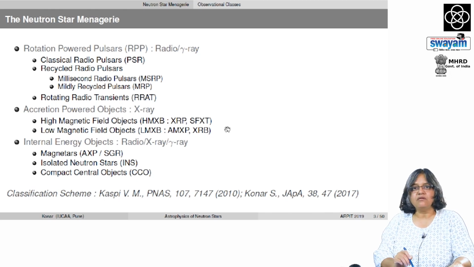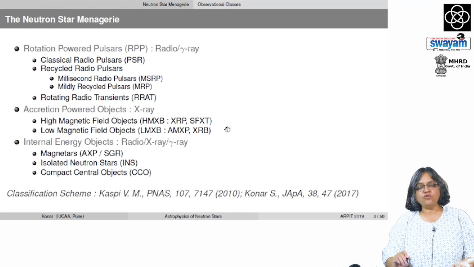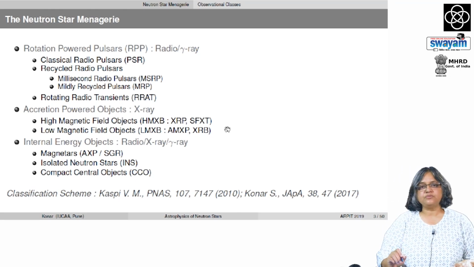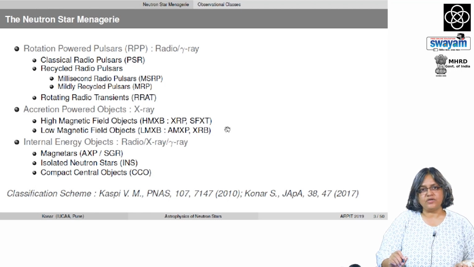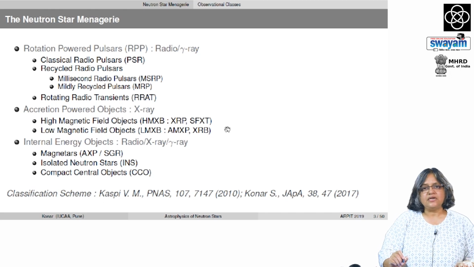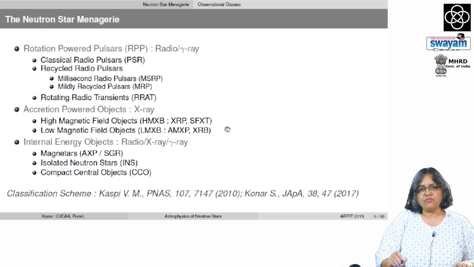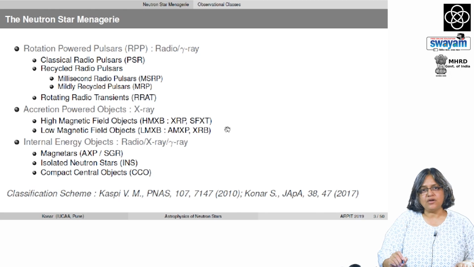Then we have, for want of a better name, objects which are called internal energy objects. Now, they are seen in various frequencies. Why do we call them internal energy objects? Because the source of energy is some process that is happening in the interior of the neutron stars, and none of these processes fall in the broad category of rotation or accretion power, as we have seen before.